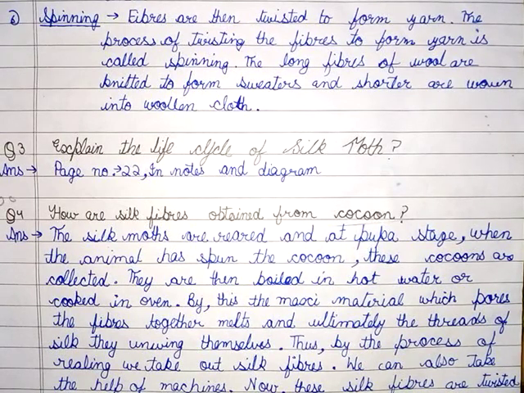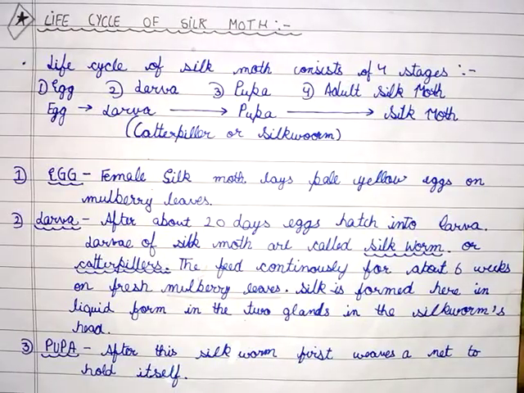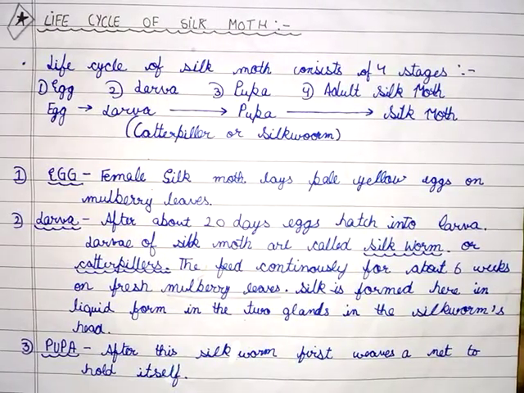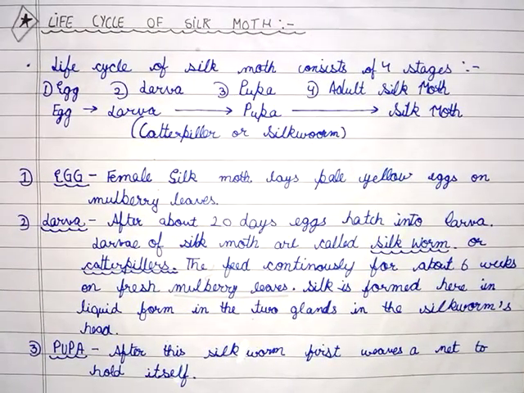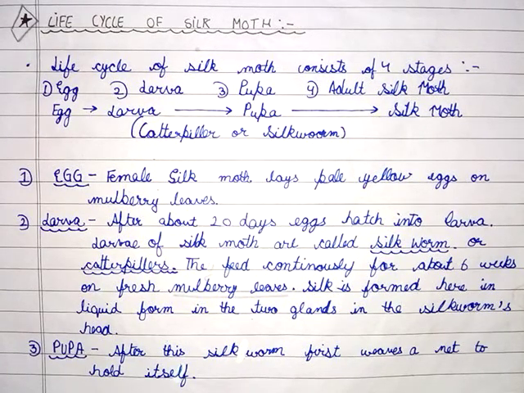Question number 3. Explain the life cycle of silk moth. Answer. Life cycle of silk moth consists of 4 stages: egg, larva, pupa and adult silk moth. Egg. Female silk moth lays pale yellow eggs on mulberry leaves.